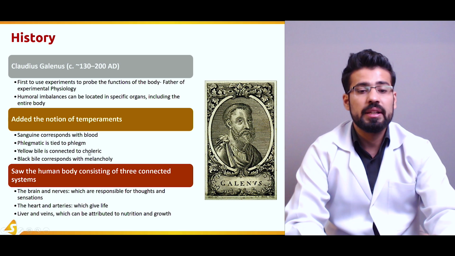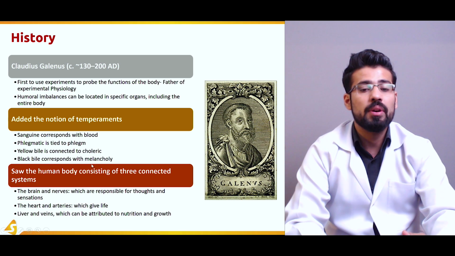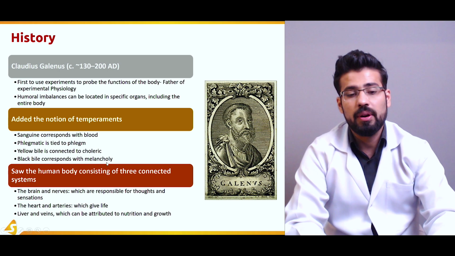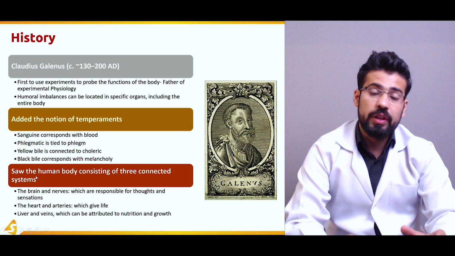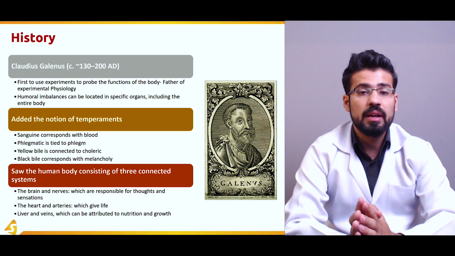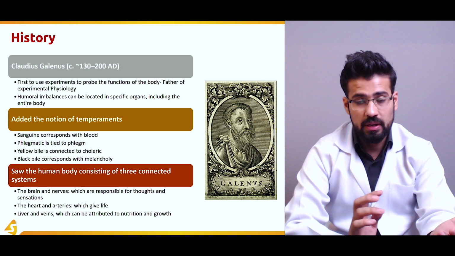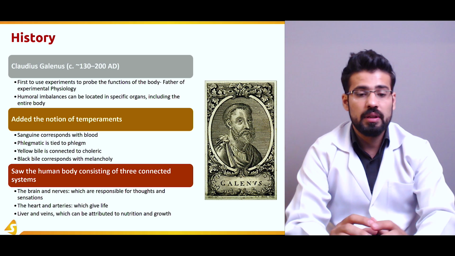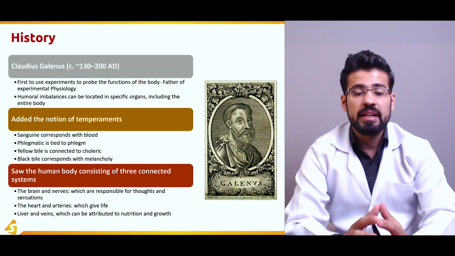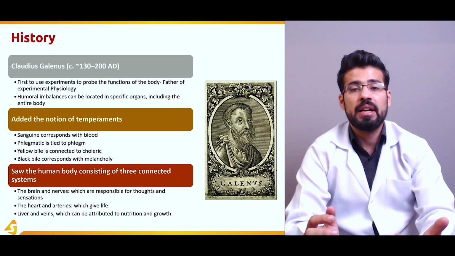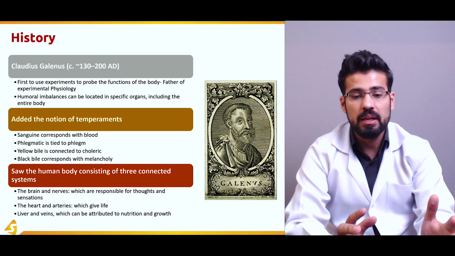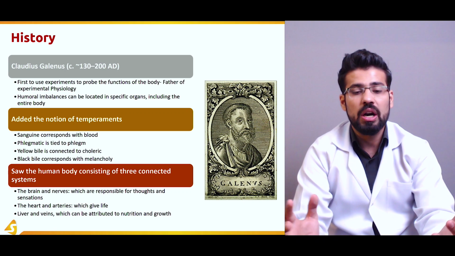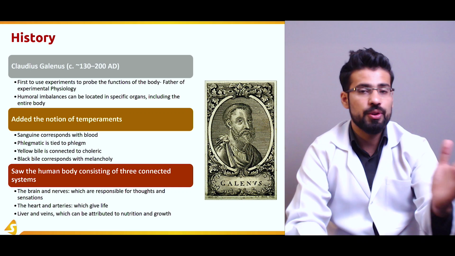Yellow bile was connected to choleric, and black bile corresponded to melancholy, the temperaments of the body.